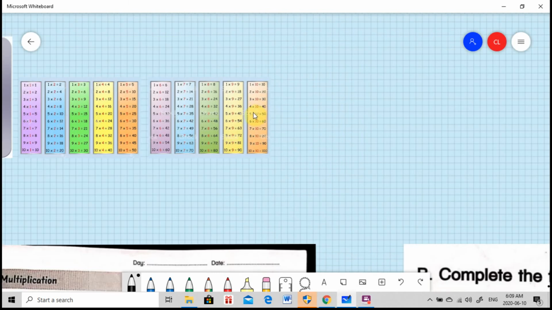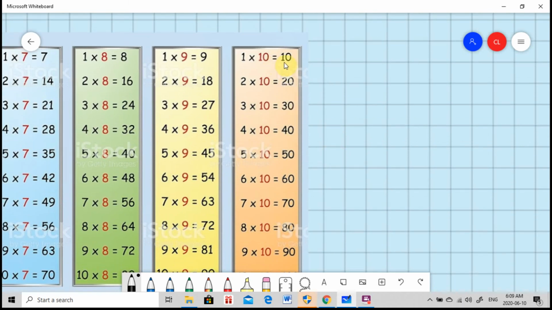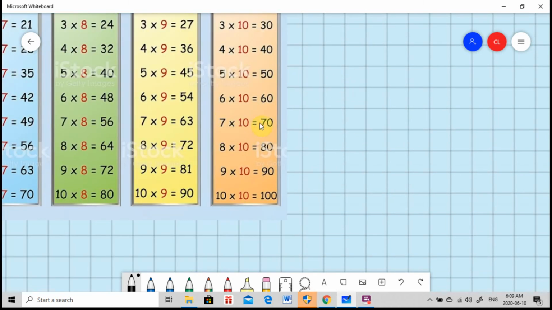So let us check for this one. See, any number that multiplies with 10, you just need to write the number first, right? And then you add the 0 next to it. So we're done. So we have 7 multiplied by 10 is 70. So we're done. Okay.